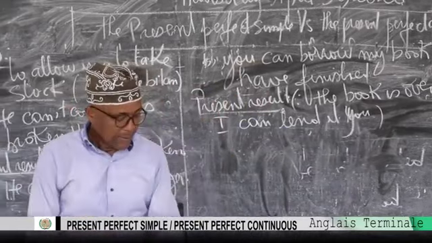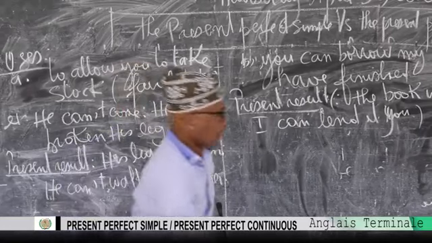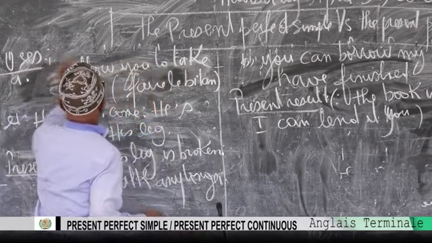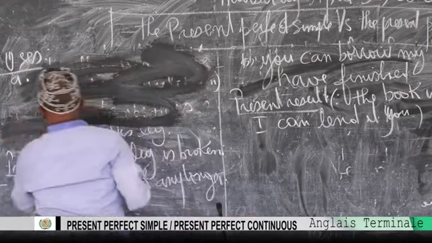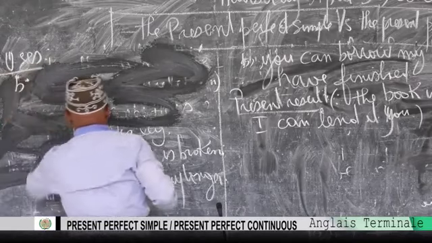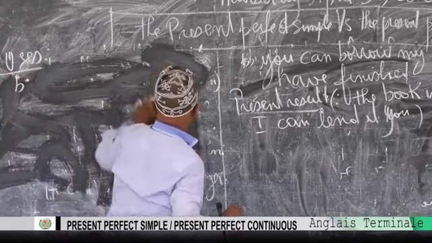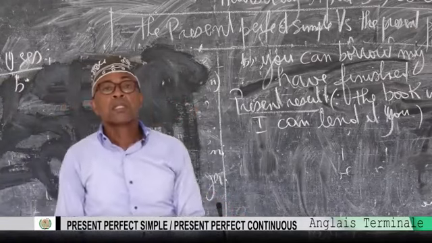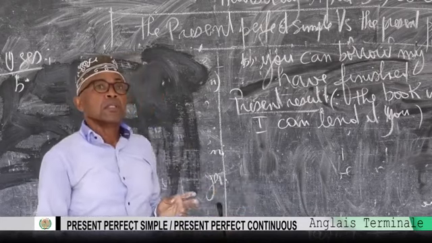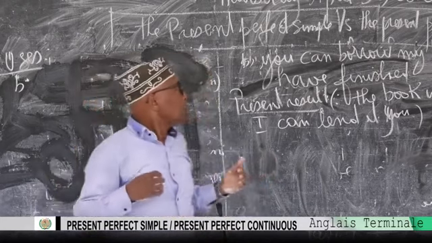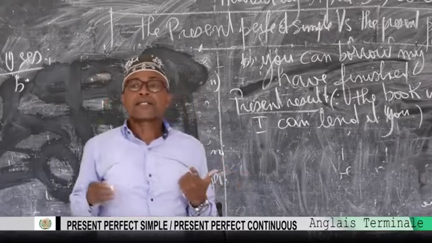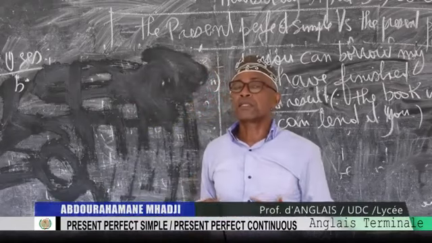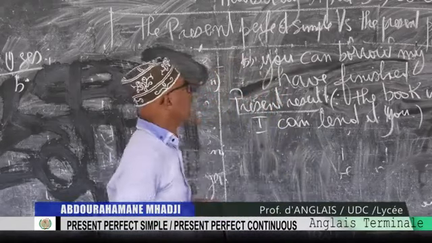Now, let's see the other use of this tense. The present perfect simple is also used to indicate an action that started in the past and continues into the present, into the moment of speaking.